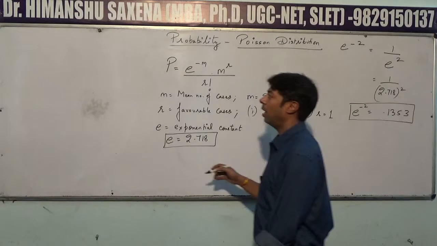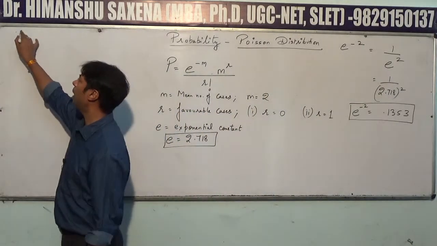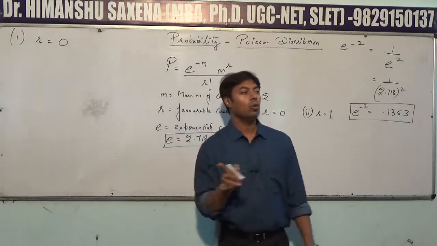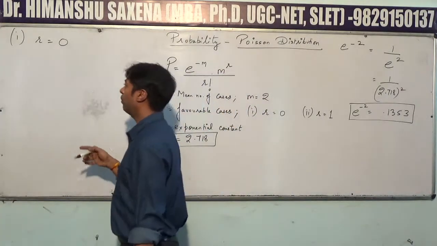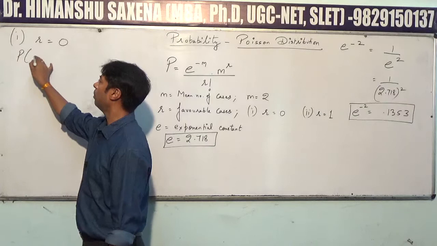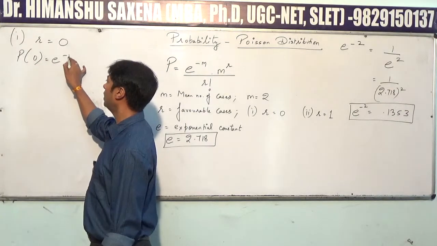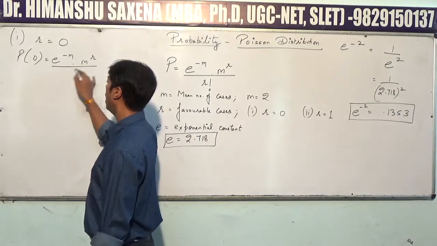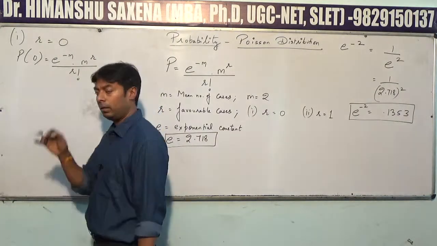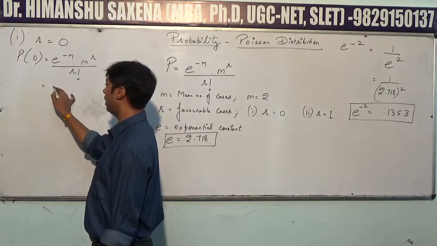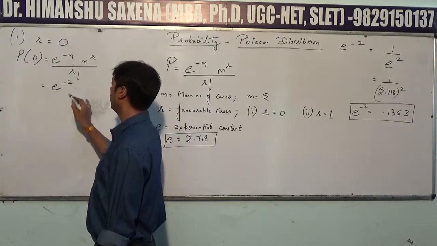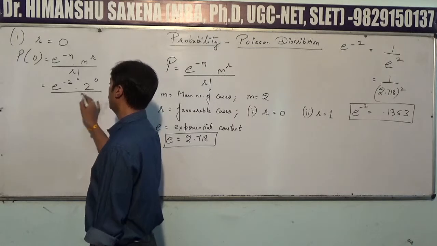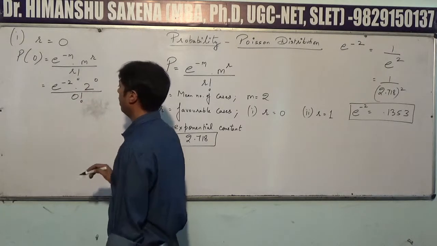Now how will we start? In this case, the first part says you have to find the probability when no car is hired. That means the value of r is equal to 0. Now P0, the formula stays the same: e raised to the power minus m, m raised to the power r, upon r factorial. Now e raised to the power minus m, with m 2, then 2 raised to the power r, which is 0, upon 0 factorial.